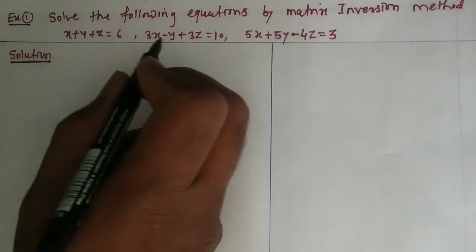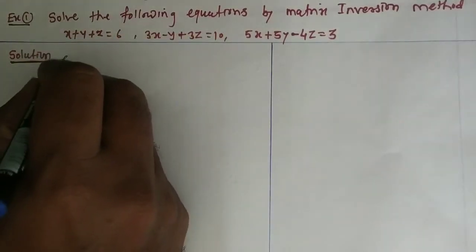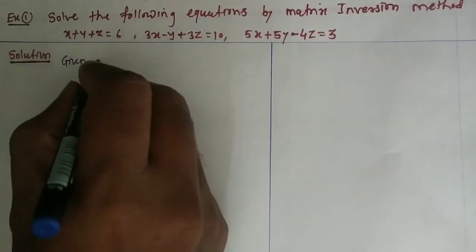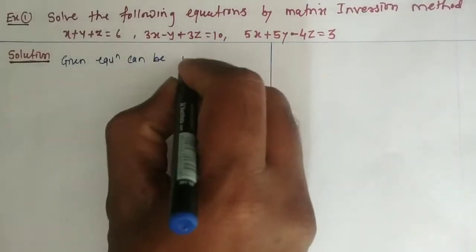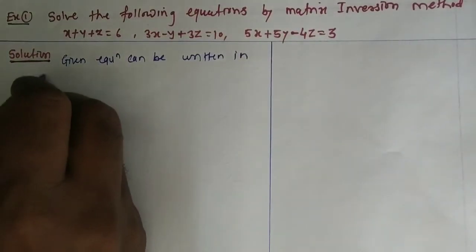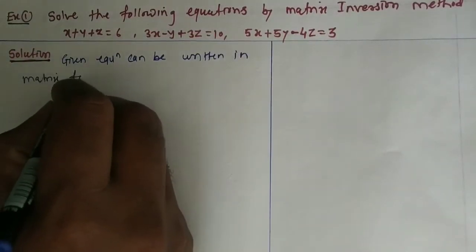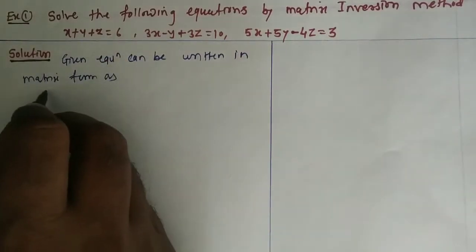So first, the given equation we have to write in matrix form. I will write here, given equation can be written in matrix form as. So how to write this given equation in matrix form?